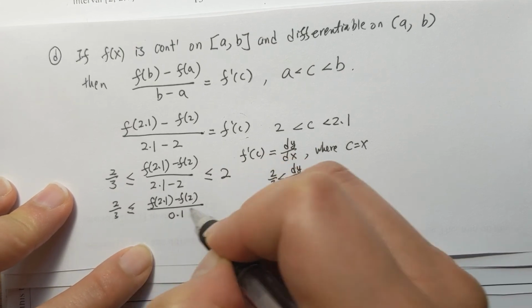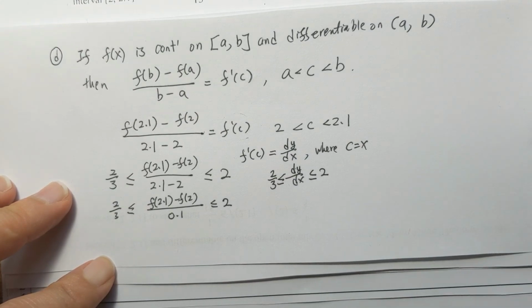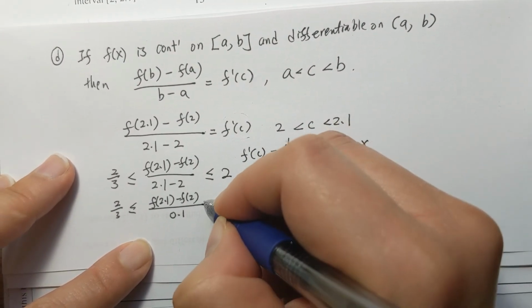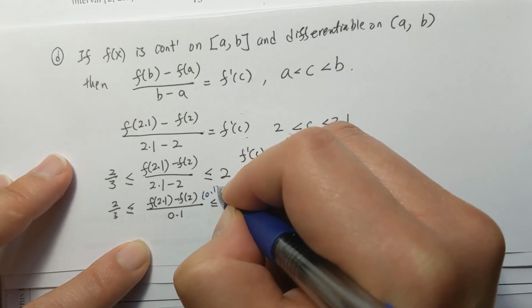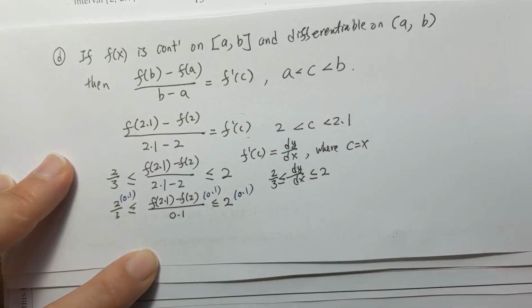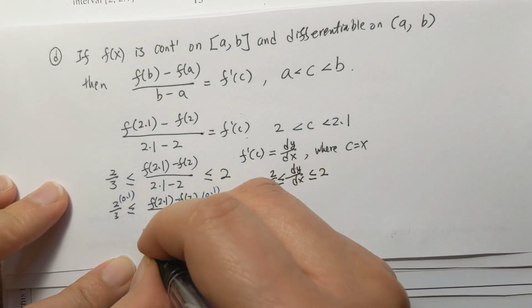This becomes 0.1. And if I want to cancel the 0.1, I have to multiply each by 0.1. Then this cancel out.